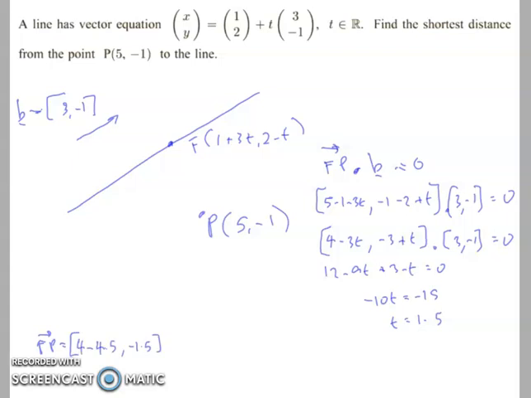So F to P is -0.5 for the x component and -1.5 for the y component, and therefore our shortest distance is the length of that vector, which will be a half squared, which is a quarter, and 1½ squared, that's 3 on 2 squared, which gives me 9 quarters. So we end up with 10 on 4. Square root of that is √10 divided by 2.